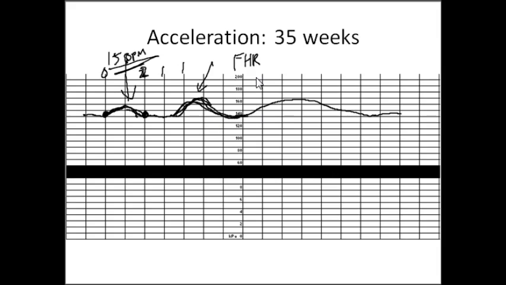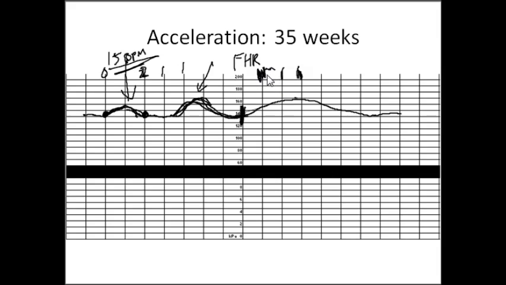This one, on the other hand, here's our time 0, here's our baseline. It's going to accelerate at a slower rate and return back to normal. This would indicate more of a baseline variability. Now, on how I drew this, this is a minute, this is a minute, this is a minute. Not all labels are the same, so be sure to check on what your tracing is showing you for the time.